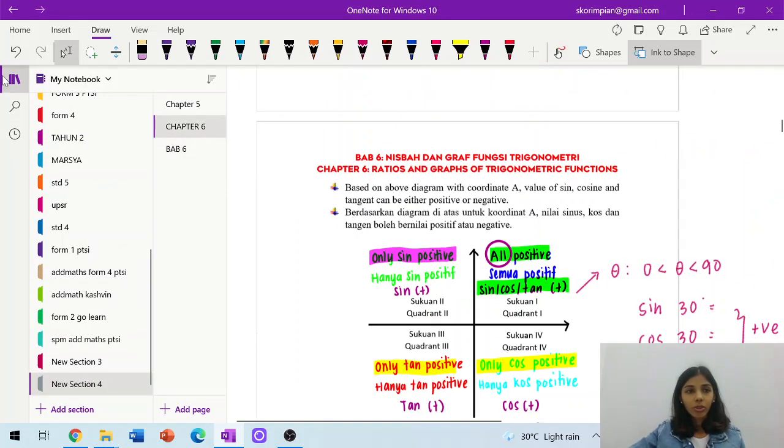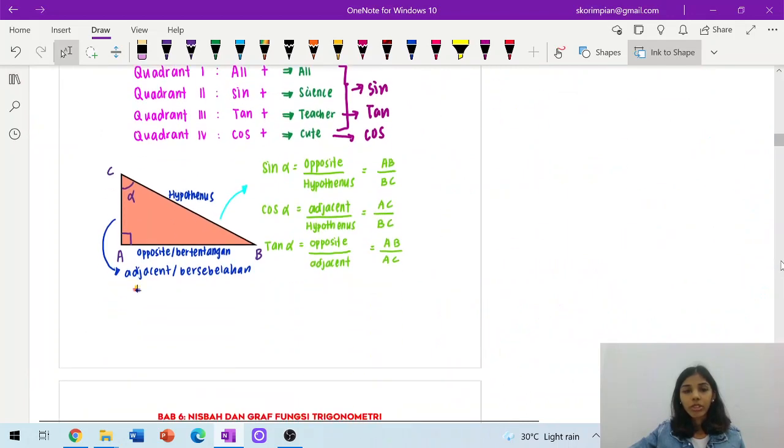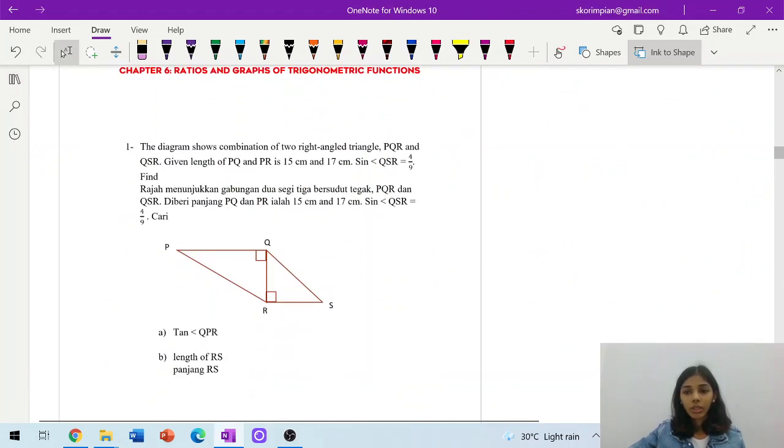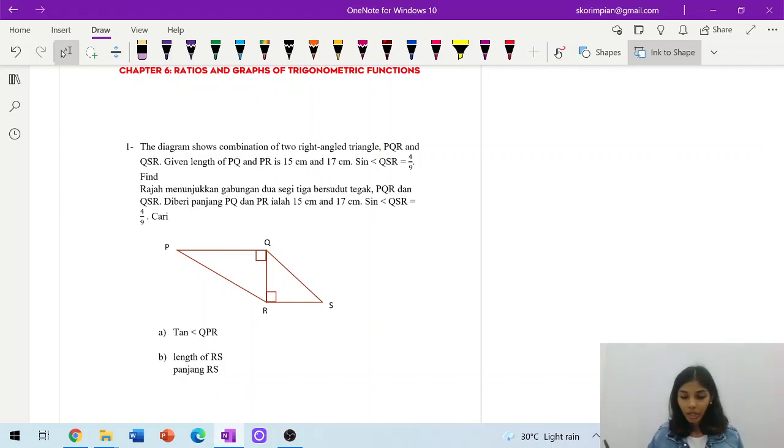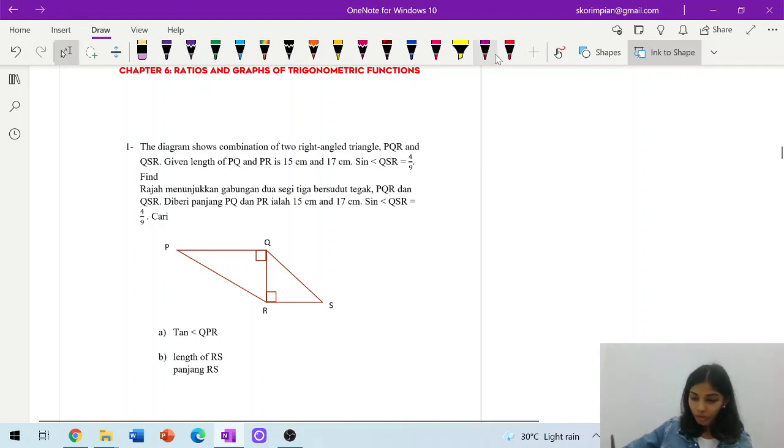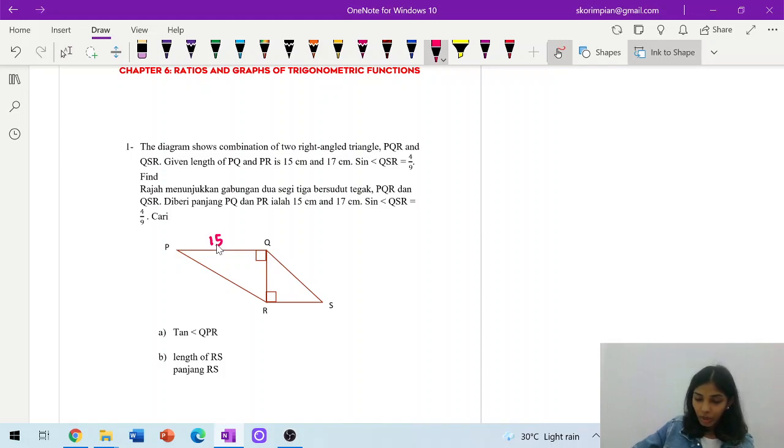Okay, so for this part here, let's try some questions. Our first question here. The diagram shows a combination of two right angle triangles PQR and QSR, given the length of PQ and RS. Okay, PQ is given as 15 cm. Let's label here first. PQ is 15, PR is 17. First, they tell you sin SQR is 4/9.